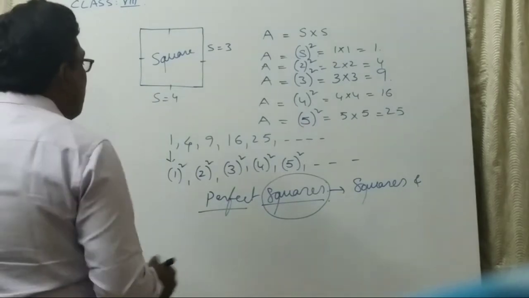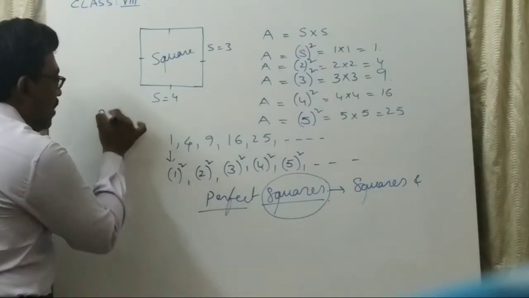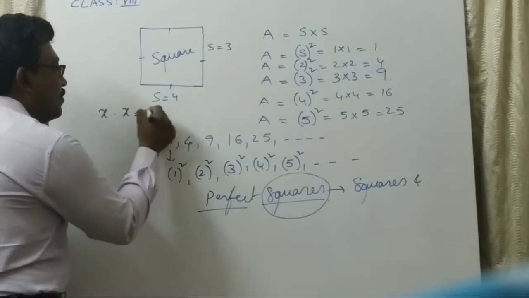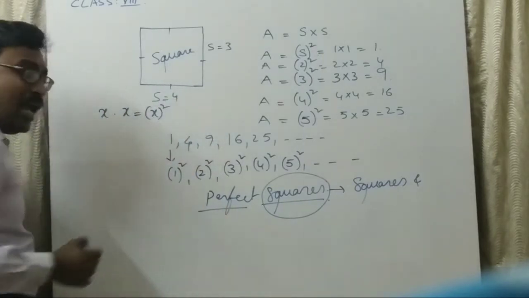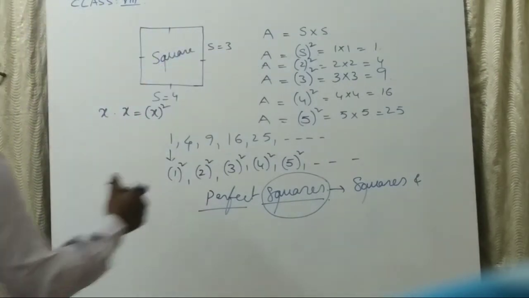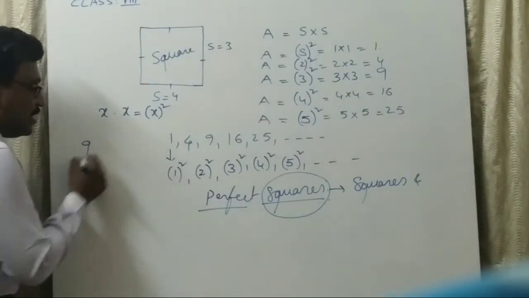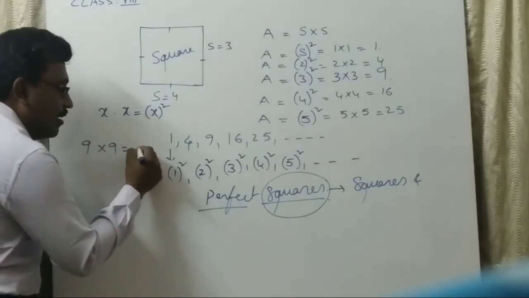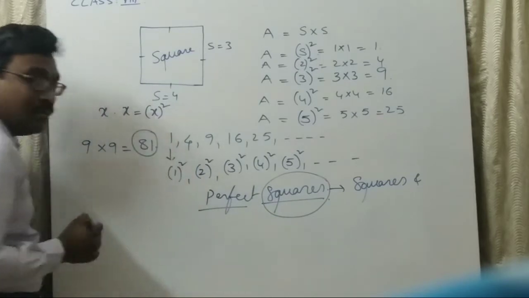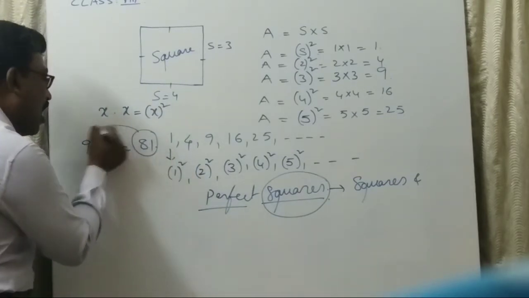If a number x is multiplied by itself, then x square is the perfect square of x. Simply, if 9 is multiplied by 9, 9 square, 9 nines are 81. 81 is a perfect square of 9.